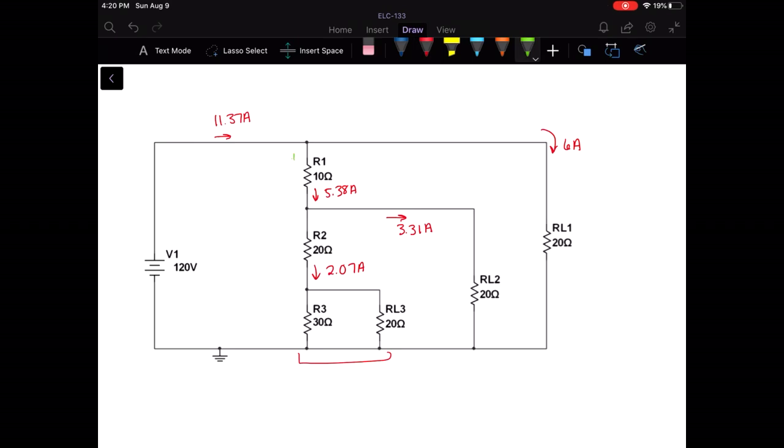And then our voltages. We found our voltage here before, and here, that's 41.4.